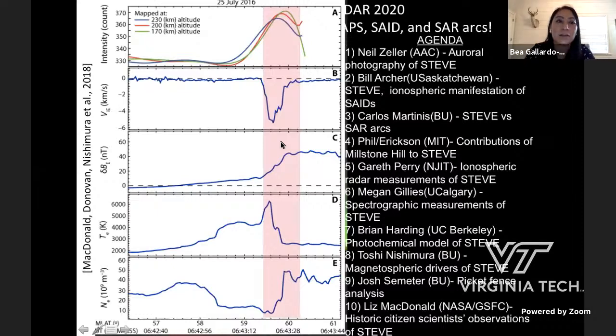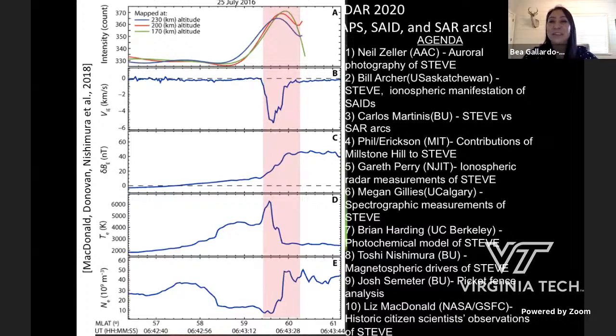From the beginning, we knew very little. So this first paper by Liz McDonald, Eric Donovan, Toshi Nishimura et al. showed that Steve was associated with this very fast and narrow subauroral ion drift. And this is for one event. So today, Bill Archer is going to show us more events in which Steve is associated with SAIDs.